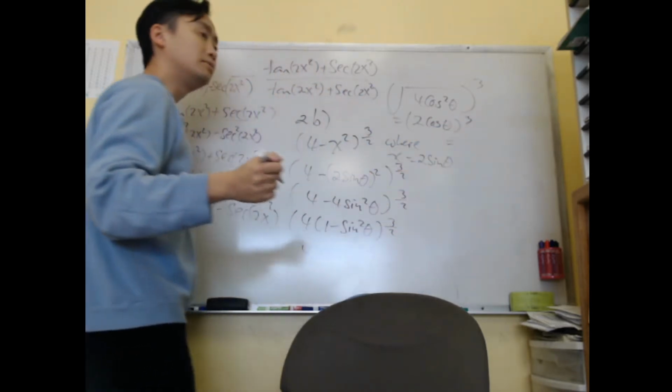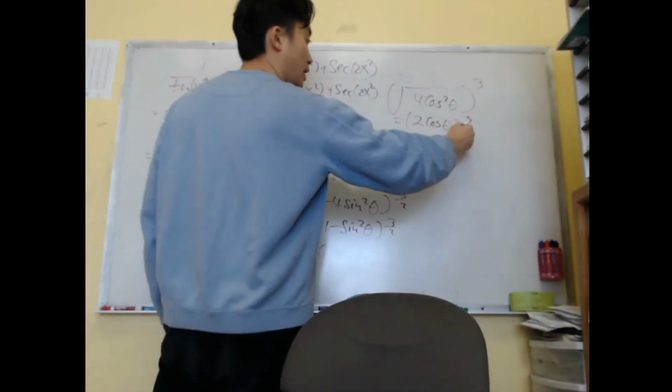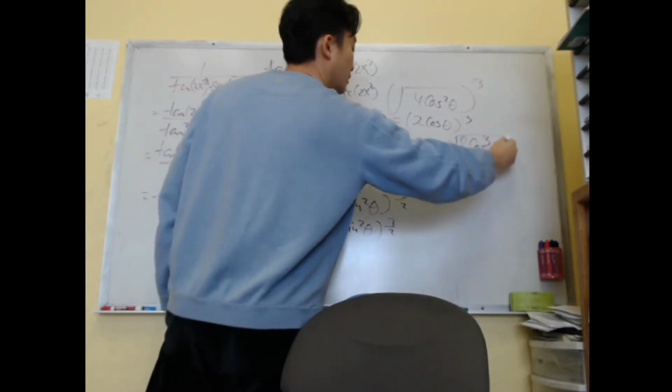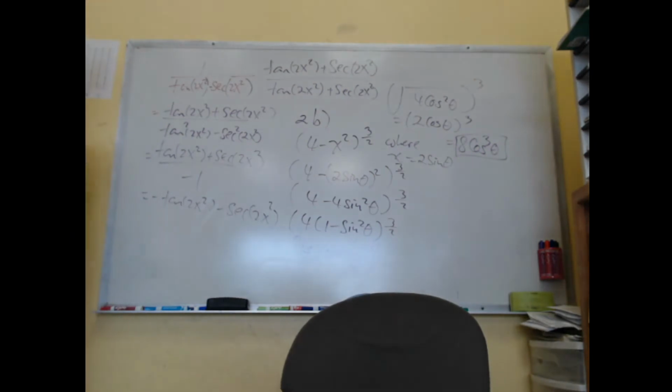So eventually it's going to be 8 cosine cube theta. It's a monomial, right? So what do you think? Okay? Yeah?